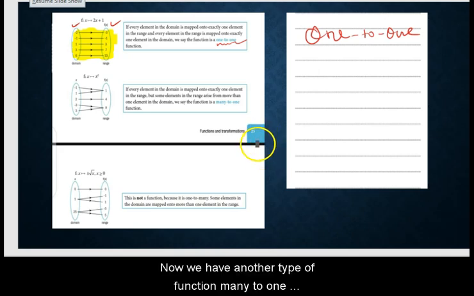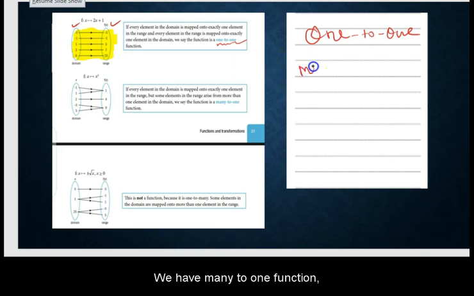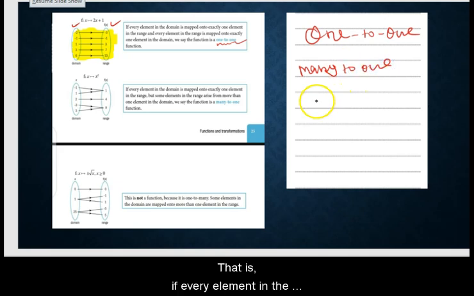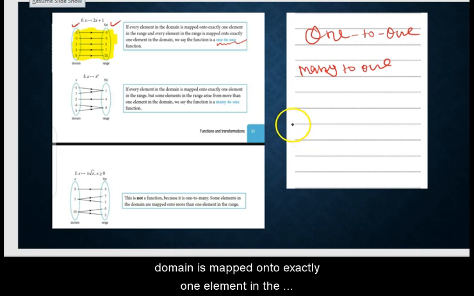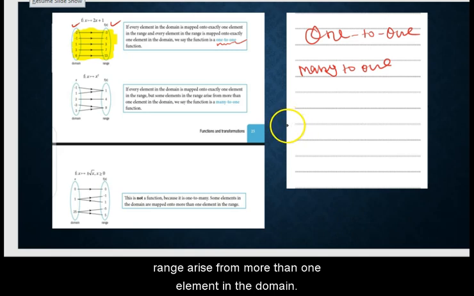Now we have another type of function, the many-to-one function. That is, every element in the domain is mapped onto exactly one element in the range, but some elements in the range arise from more than one element in the domain.